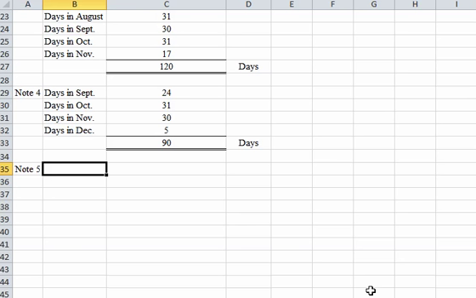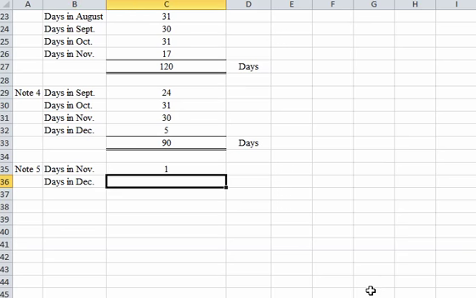Note 5 is dated November 29th. We're going for a term of 60 days. So days in November. Well, in November there's a total of 30 days. So that's 1 day after the 29th. We're going for a total of 60. So days in December. We'll pick up 31.